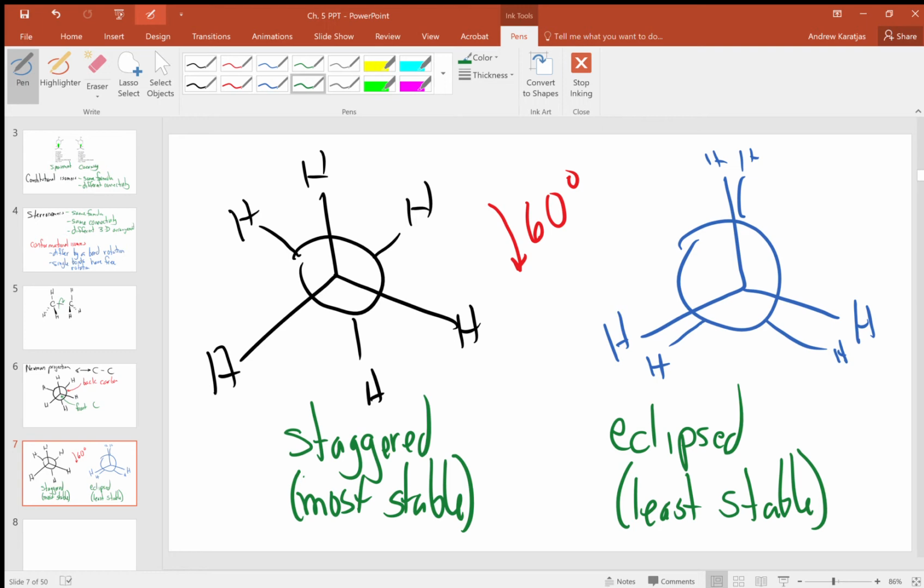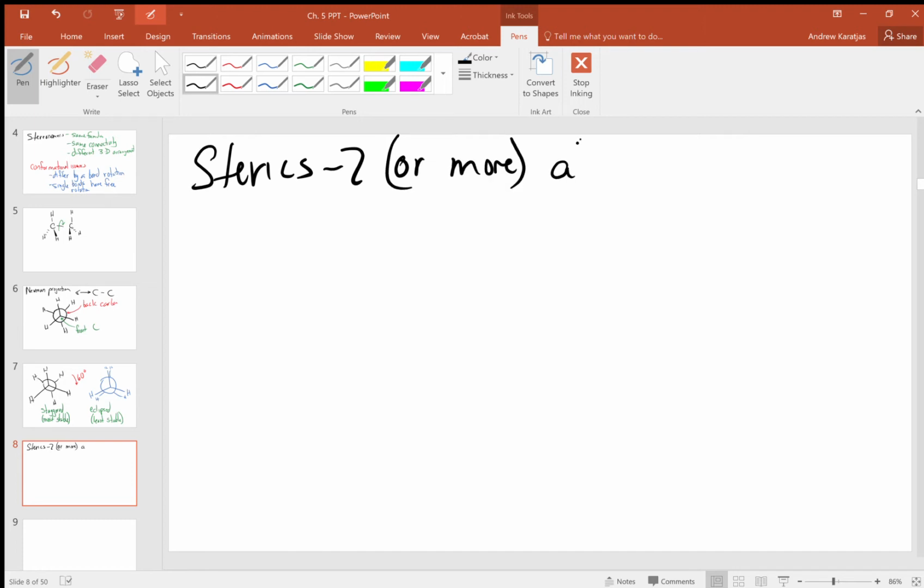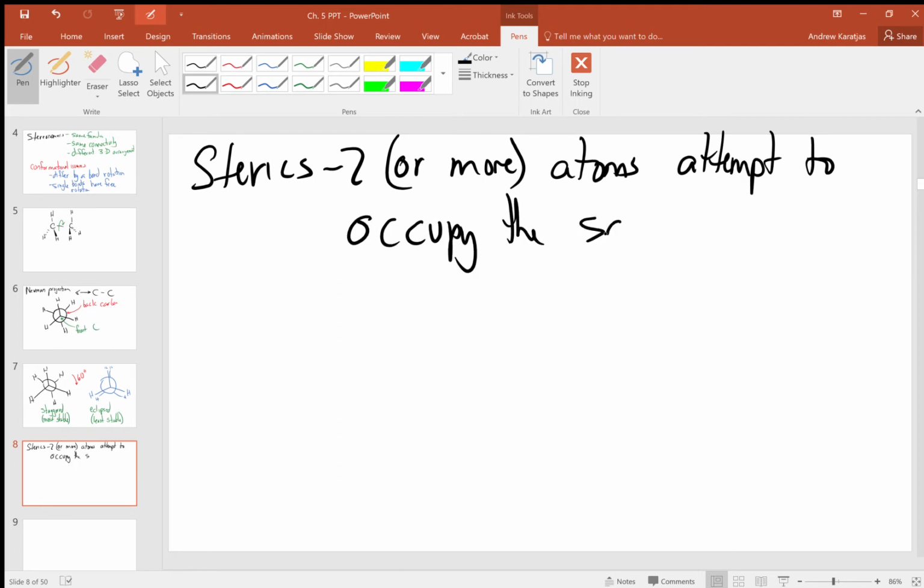All right, so there's actually several different reasons. The first one, although it does not apply to ethane, is what we would call sterics. This is when two, or sometimes more than two, atoms attempt to occupy the same physical space.